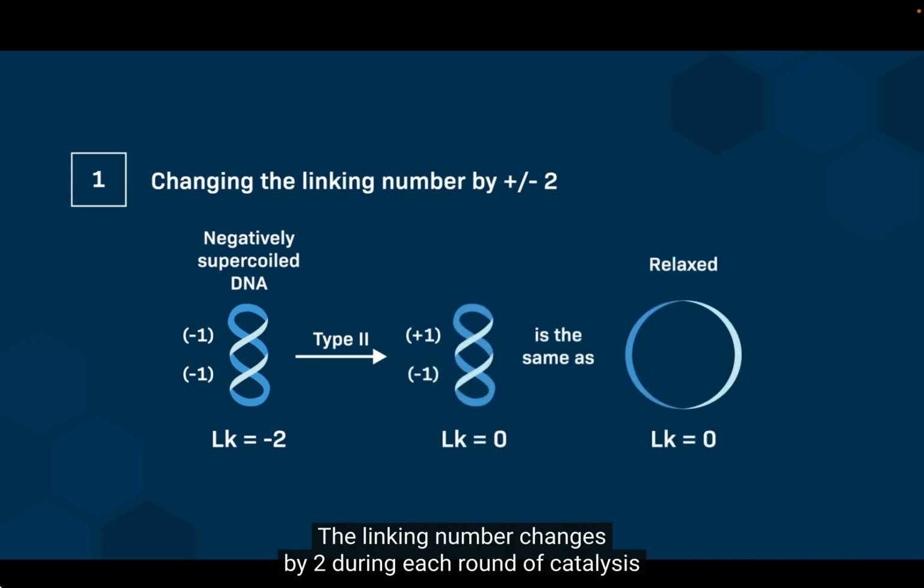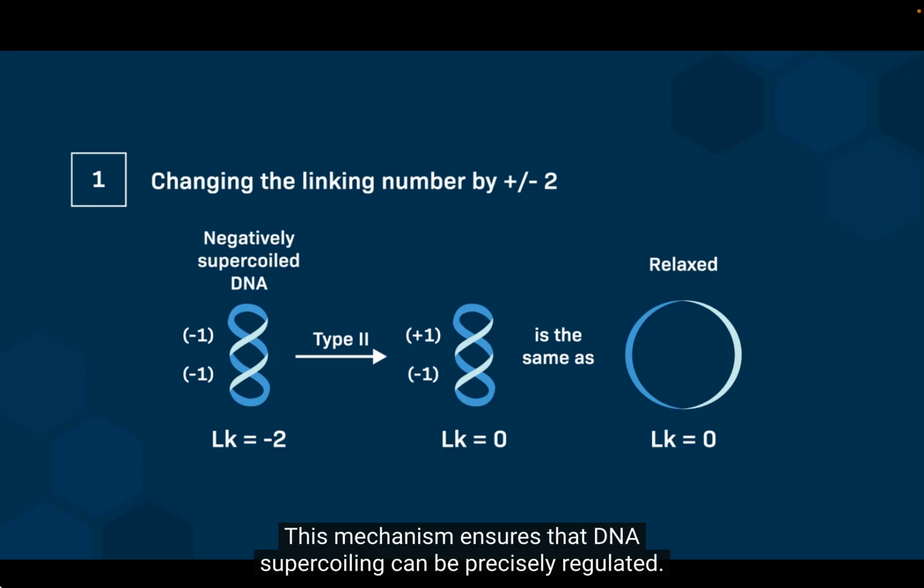The linking number changes by 2 during each round of catalysis because the enzyme manages 2 DNA crossings at once, thus changing the rise without altering the twist. This mechanism ensures that DNA supercoiling can be precisely regulated.